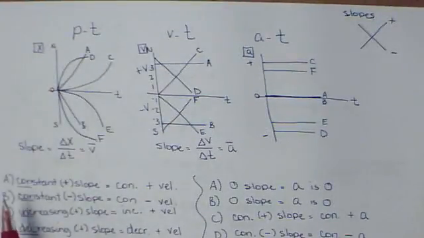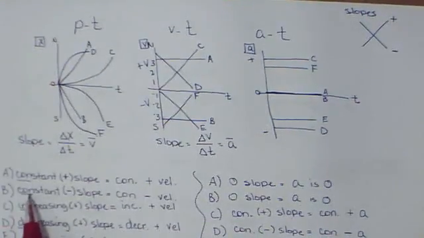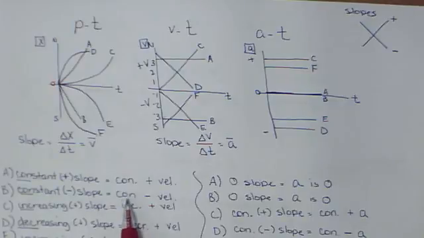Okay, so for B, Barrett has a constant negative slope, and a constant negative slope equates to a constant negative velocity. So a negative velocity just simply means that you're moving at a certain speed in the negative direction.